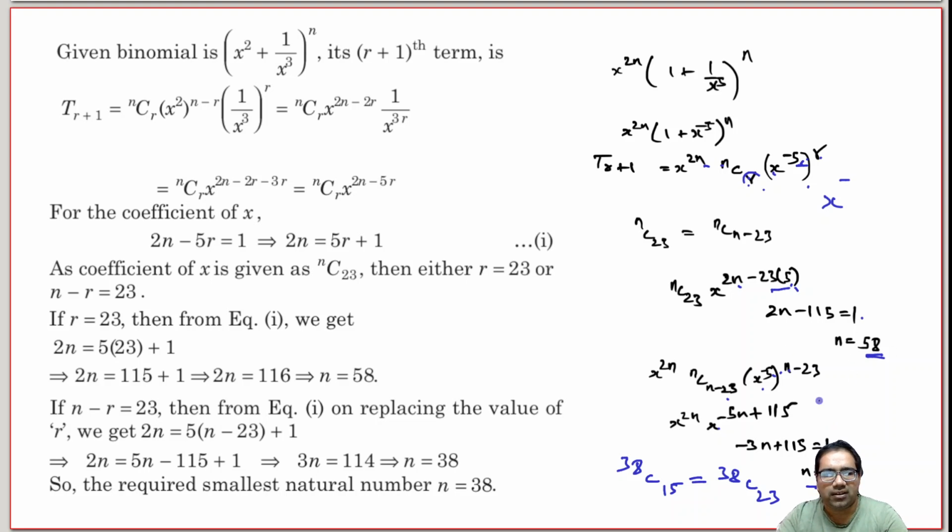When n is equal to 58, there also the power of x is equal to 1, and the coefficient is 58C23.